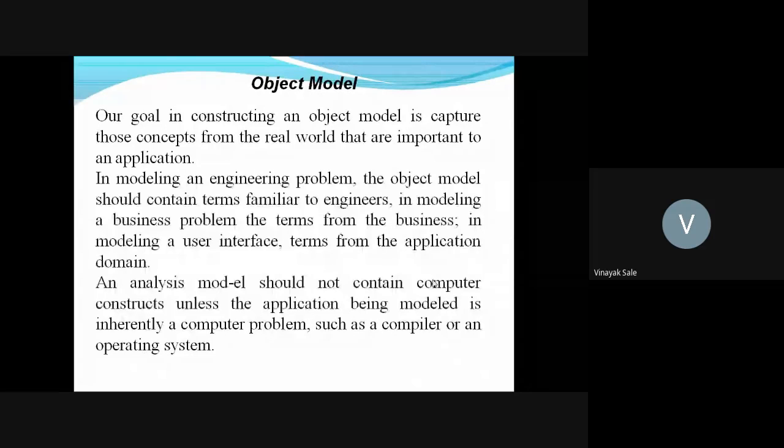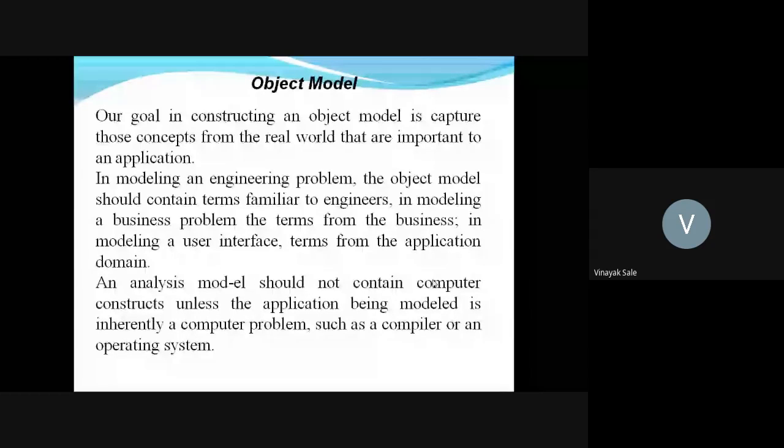In modeling an engineering problem, the object model should contain terms familiar to engineers; in modeling a business problem, the terms of business; and in modeling a user interface, terms from the application domain.